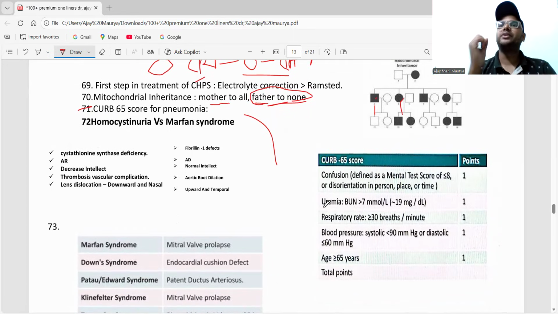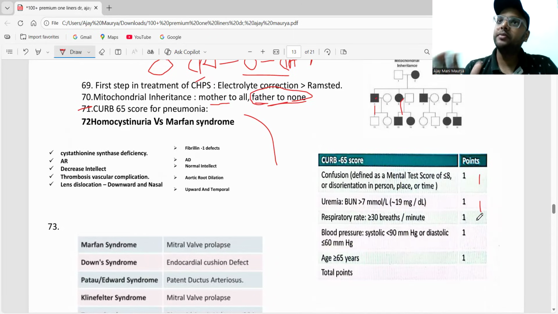Suppose a patient came to you and your PG told you to do the CURB-65. Remember, if the patient is having confusion, then give 1 point. Do the lab investigations. If they have urea more than 7, then give 1.